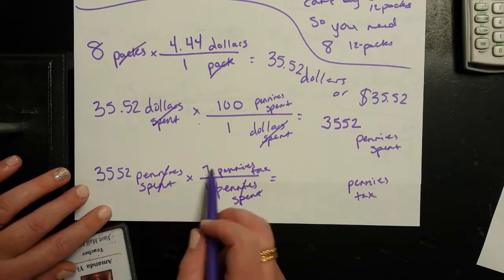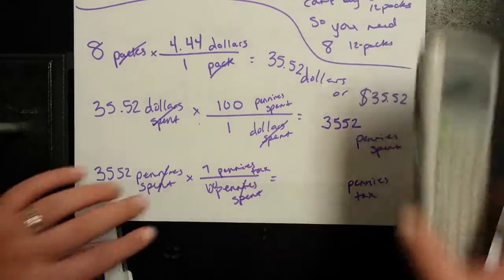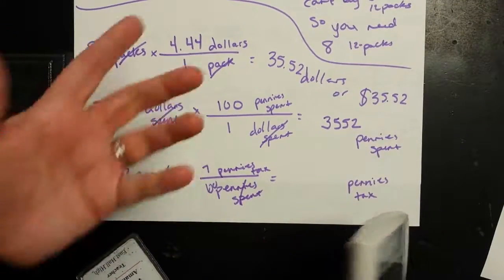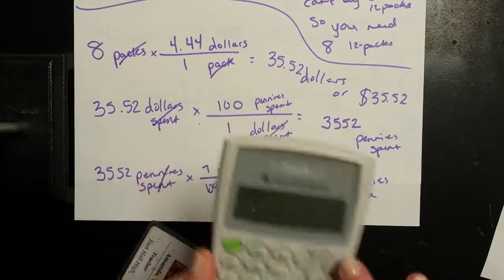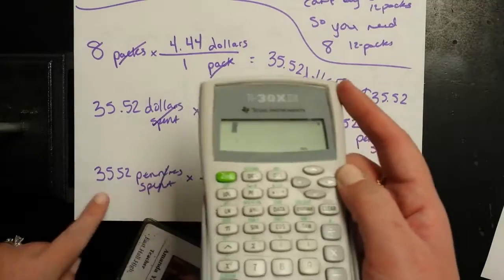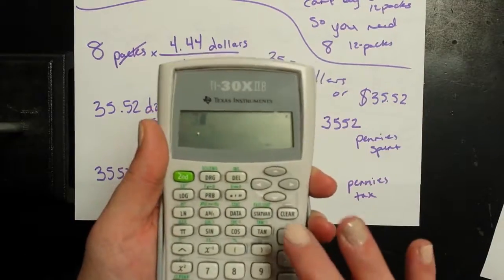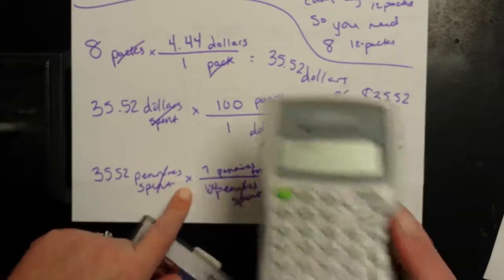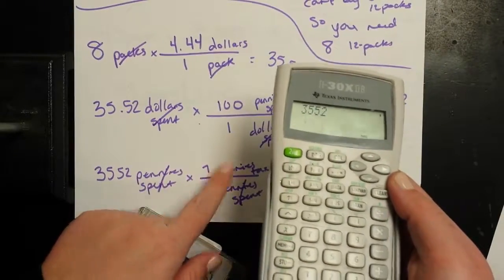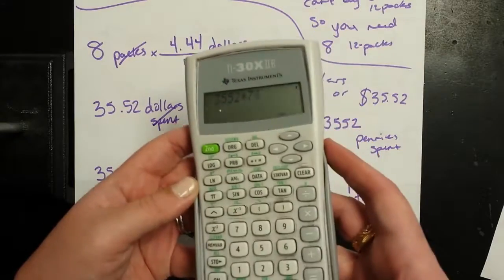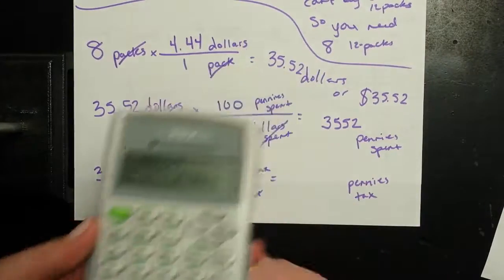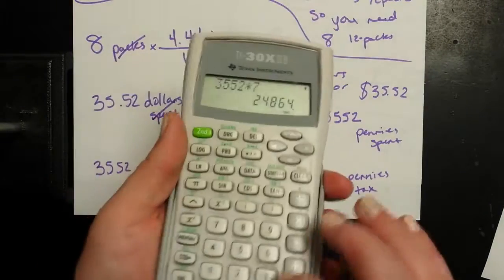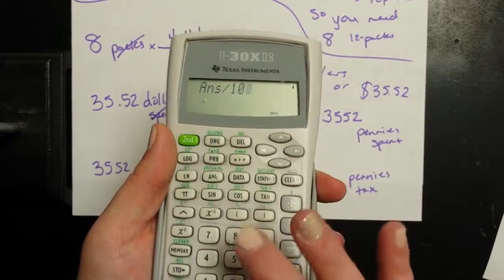Okay. This is a good example of kind of when you have a conversion factor where either the numerator or denominator is not 1. Okay, so I'm going to take what I'm given, so 3,552. Okay, a couple ways. You can take that and multiply across your numerator, so times 7, get that answer, and divide it by your denominator, so divide it by 100.